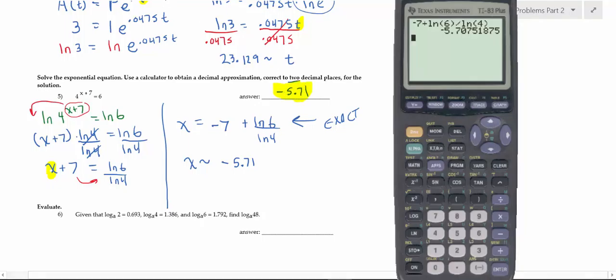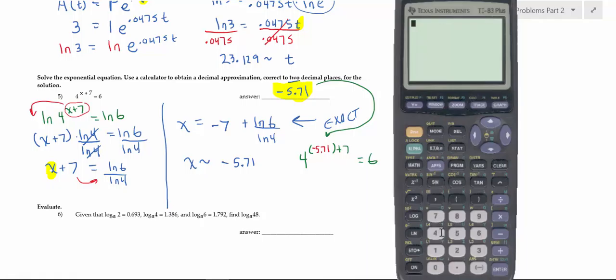It takes very little time to check and see if you're right on this. If you go back to the original problem, which is 4 to the x plus 7 equals 6, and you plug your answer in, which is negative 5.71, it's very easy to tell you're right.